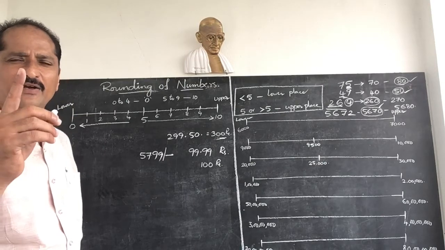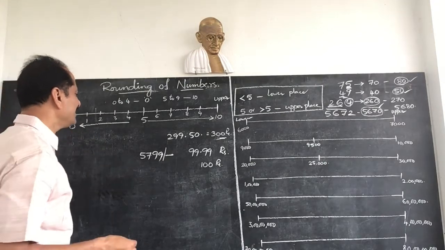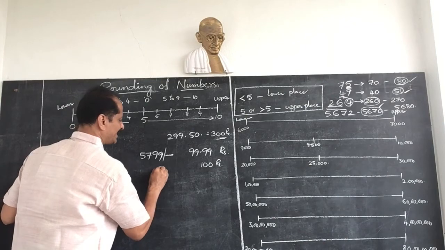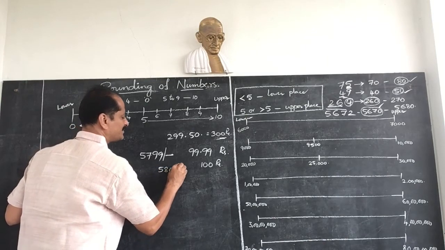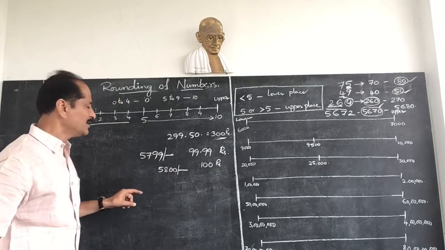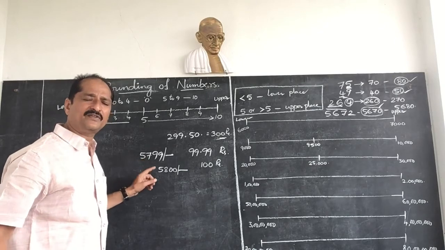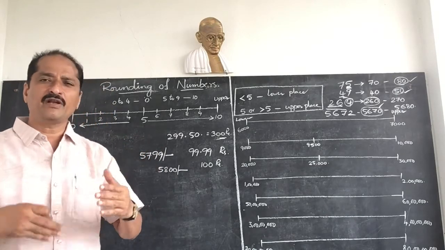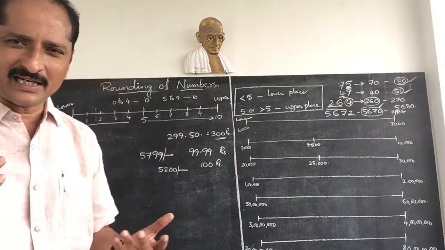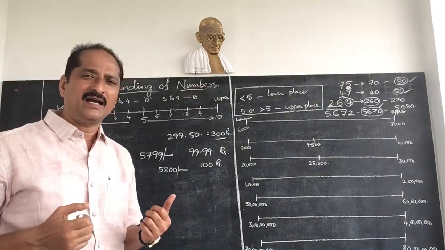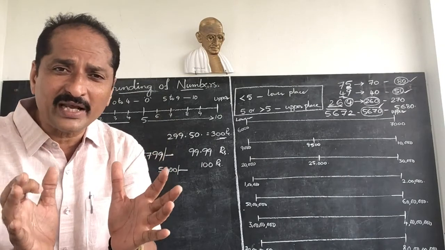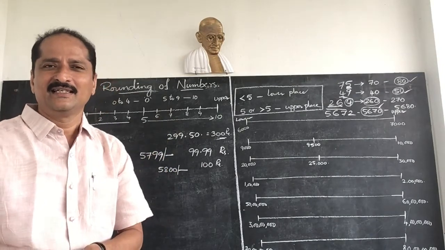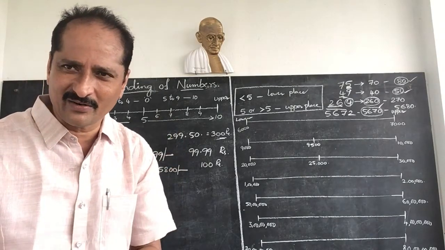Just adding 1 rupee, 1 less than 5,800. So if the total price is 5,799, then we will pay him 5,800 rupees and come out. This is called rounding off numbers.